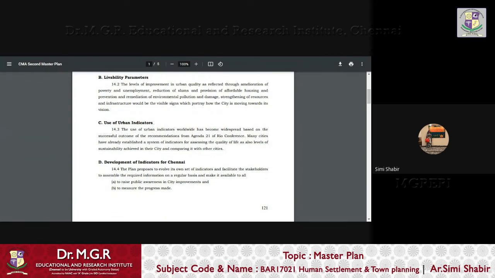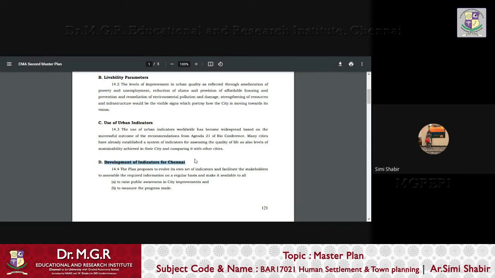Then there was this need to understand the development of indicators for Chennai. So there was a clear-cut vision to develop indicators, because the system was already in place, taking cue from other city planning systems.